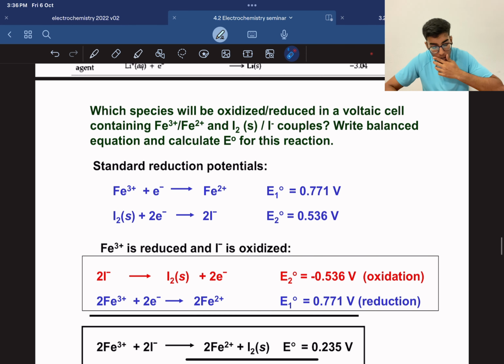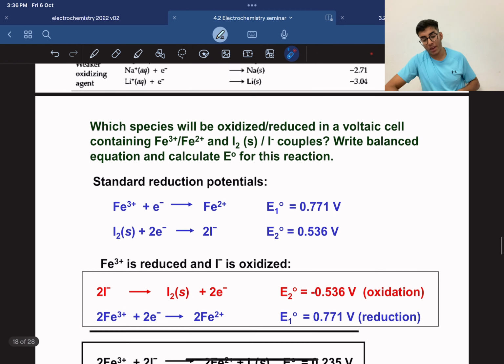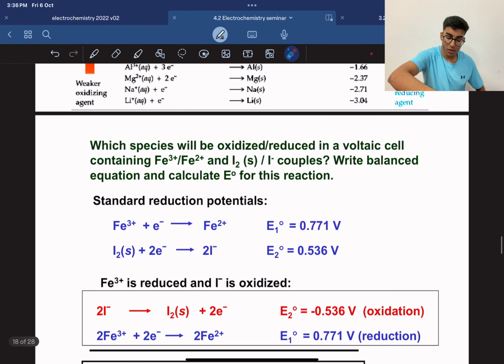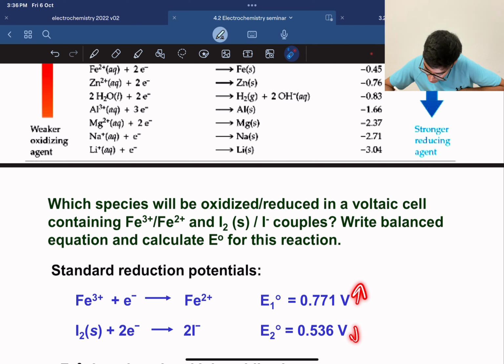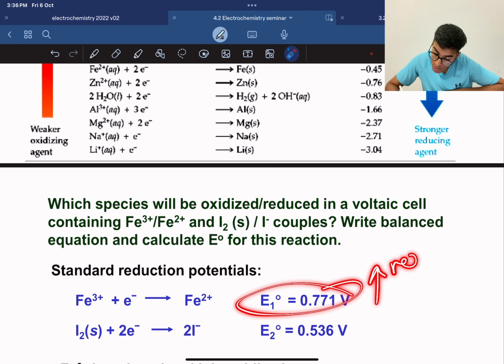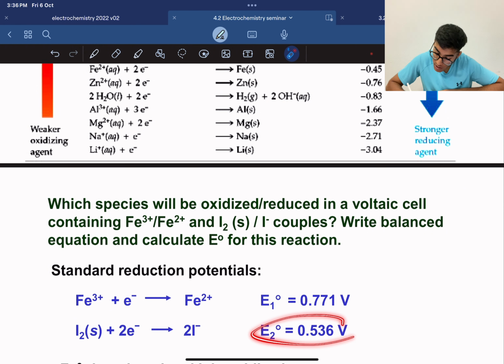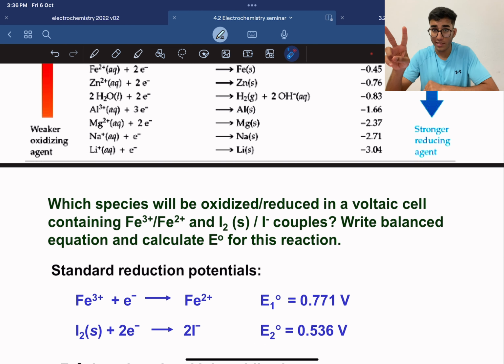Which species will be oxidized? Over here, look at what they've given us. They've given us the values over here, E and E. Clearly, we can see this is greater than this. Clearly, that means this is going to get more reduced. If we have two species in an equation, we know one is going to get reduced and the other one's going to get oxidized.